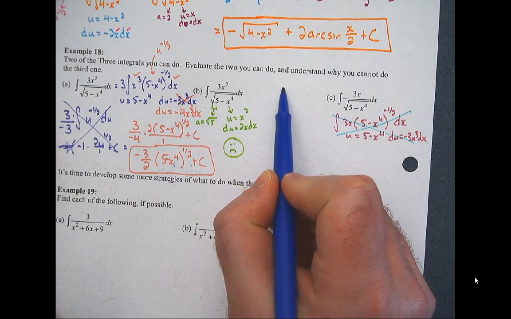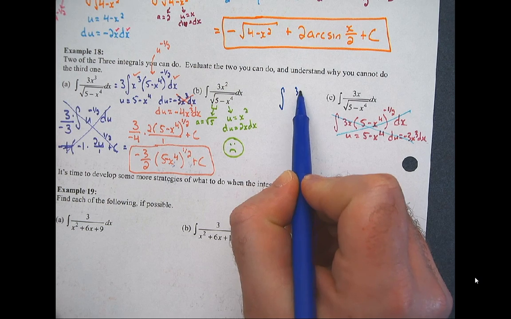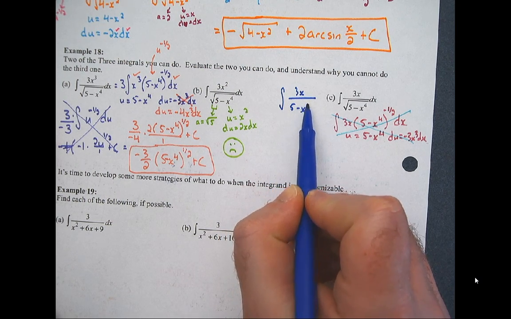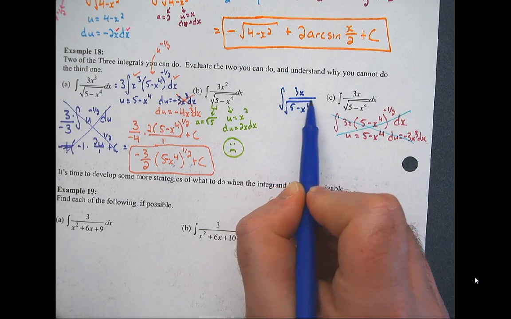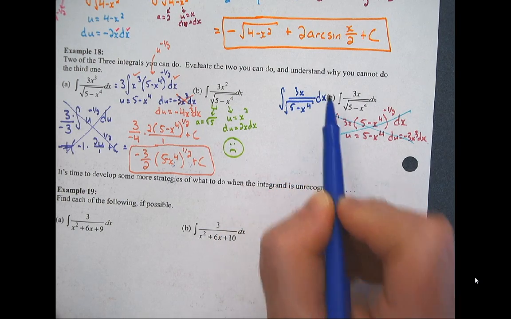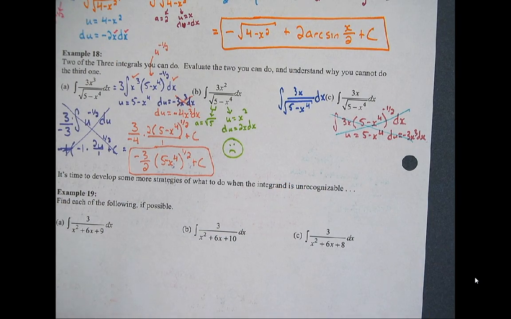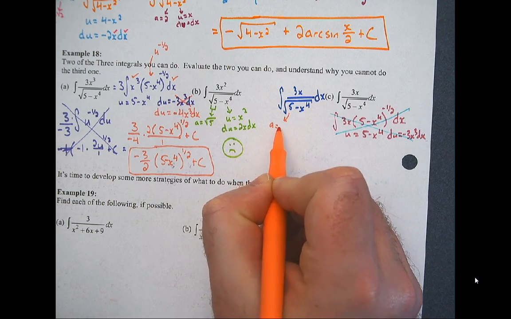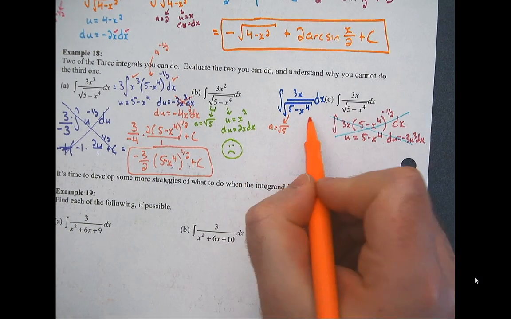So this is the integral of 3x over the square root of 5 minus x to the 4th dx. So who would a be? So a would equal root 5.